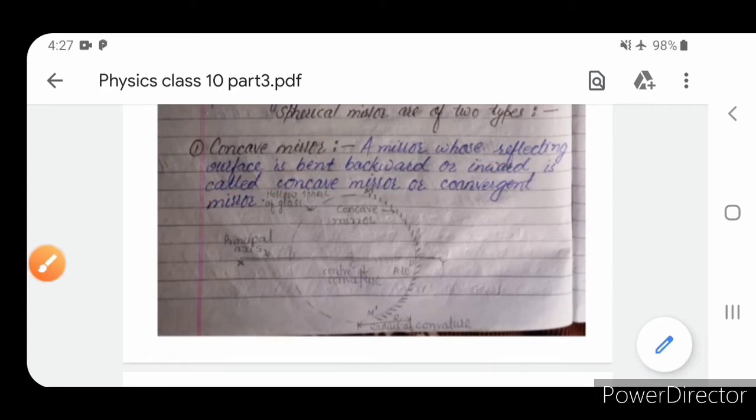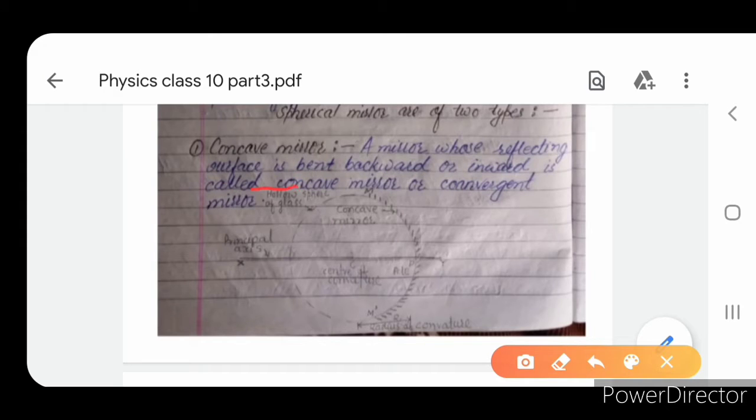And similarly, a mirror whose reflecting surface is bent outward is called a convex mirror. Convex mirror is also known as divergent mirror.